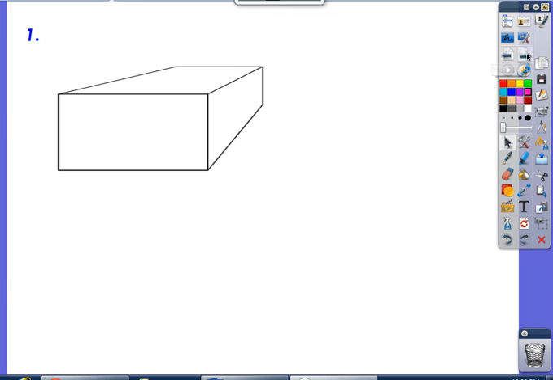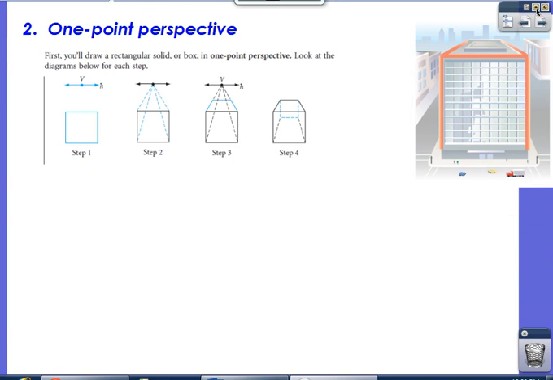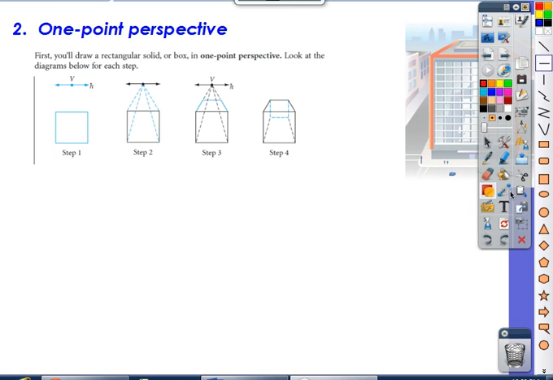I hope you did well, but what I'm going to do is show you one-point perspective. And let's say we're making a building, this building over here on the right. Let's say we're making a box. Let's say we're starting a drawing, something with a square. The first thing you're going to do is draw a square.